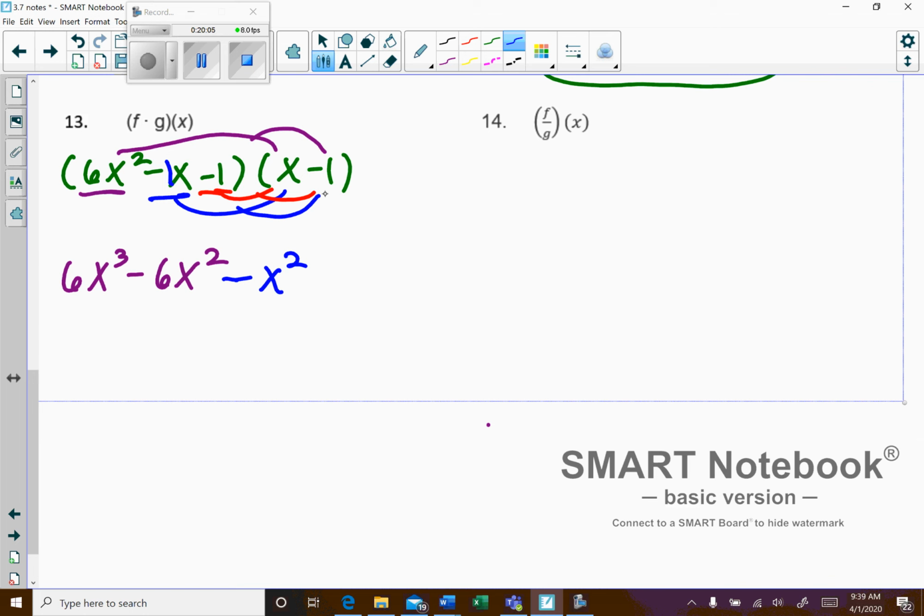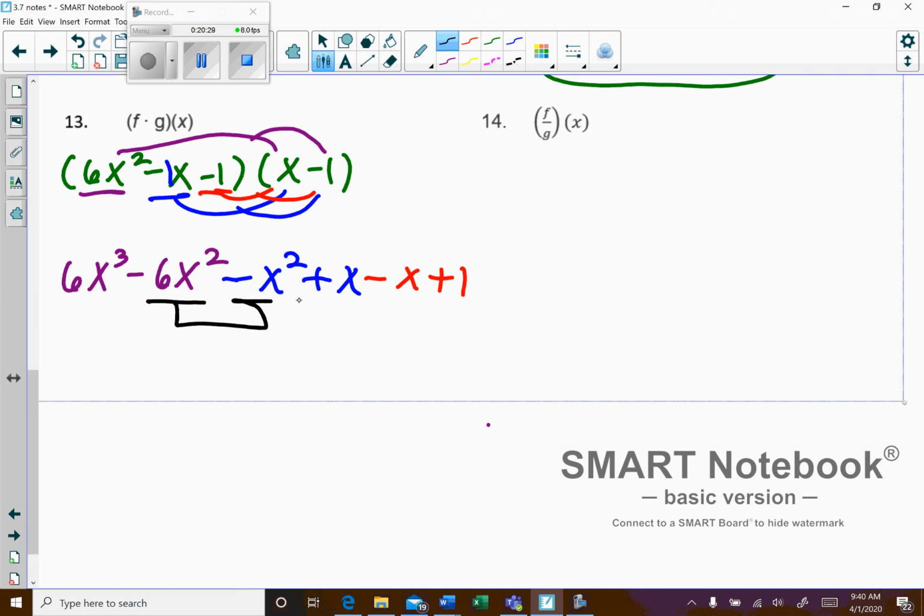Then minus x times minus 1 turns into a positive x. And then in red, we'll multiply that negative 1 by both of these, and so that'll become a minus x and a plus 1. And then you can see we do have some like terms, so we'll go ahead and combine those.